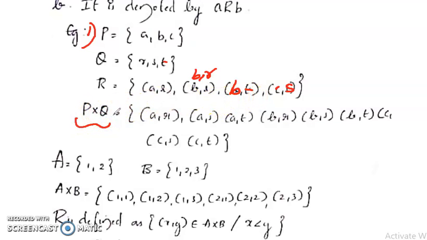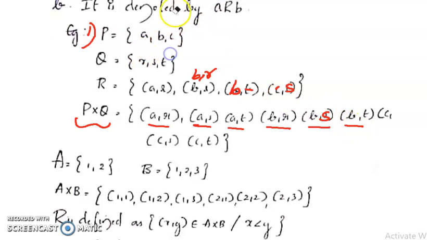How to write P cross Q? P cross Q is (a, r), (a, s), (a, t). Then we consider the second element: (b, r), (b, s), (b, t).